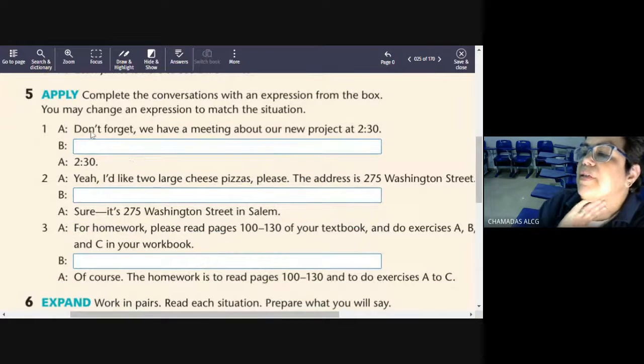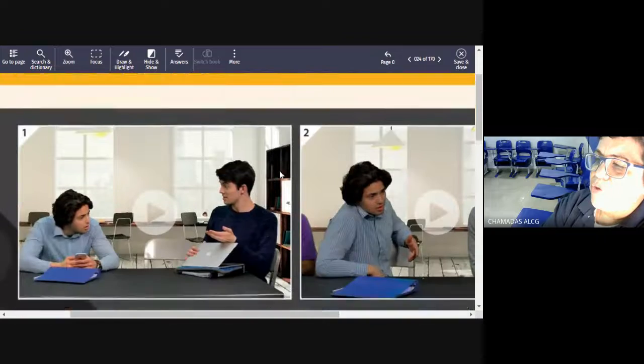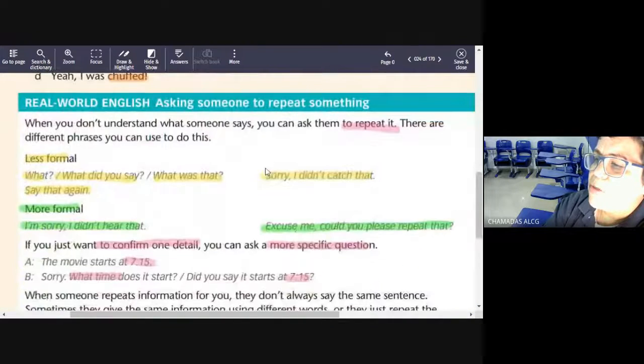Look, the first one, don't forget, we have a meeting about our new project at 2:30. The person B says something and then A says 2:30. So which expression can you use from the box here? If you don't have your book yet, let me show you the box again.